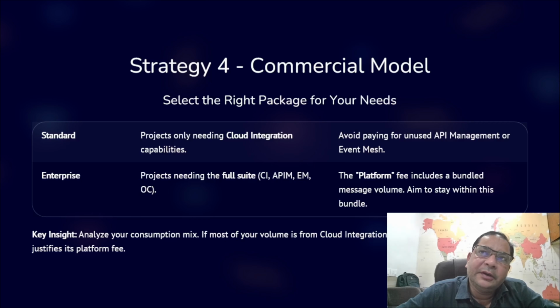Maybe you have subscribed for the enterprise plan, but you don't need it. There is no or very little use of API management or event mesh or any other capabilities in the SAP BTP. So why are you paying for those? You can optimize your cost there.